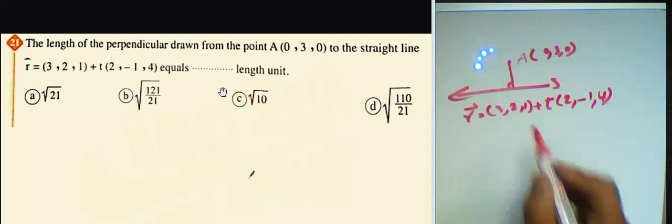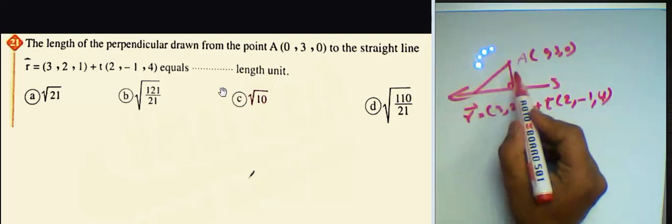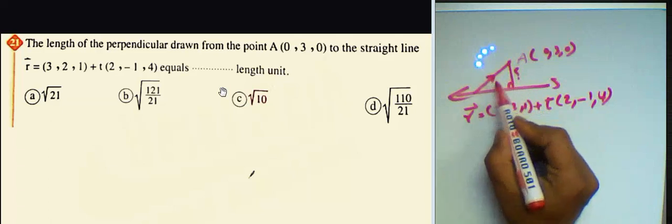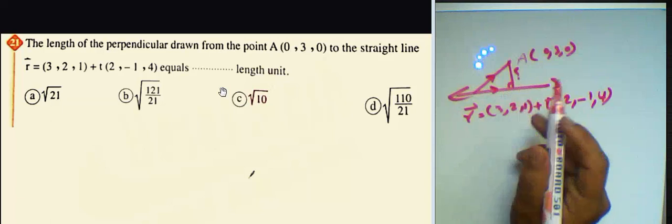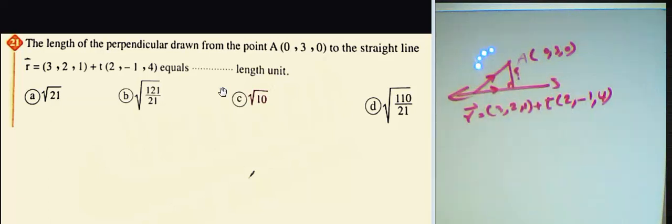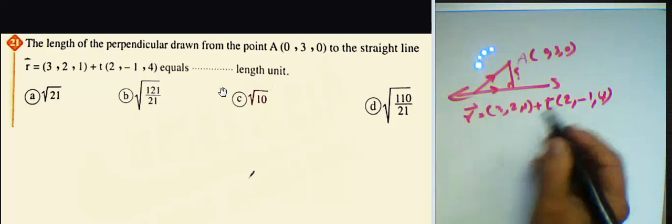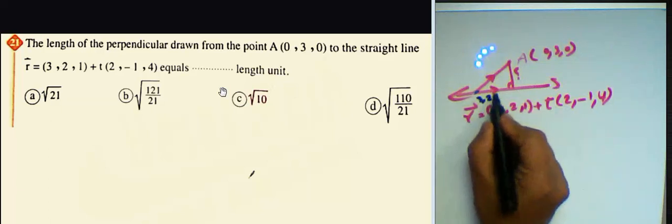To find the length here, we can find the cross product between this vector and this vector over the absolute value of the vector. Then you must write the point. This point lies on the straight line: 3, 2 and 1.